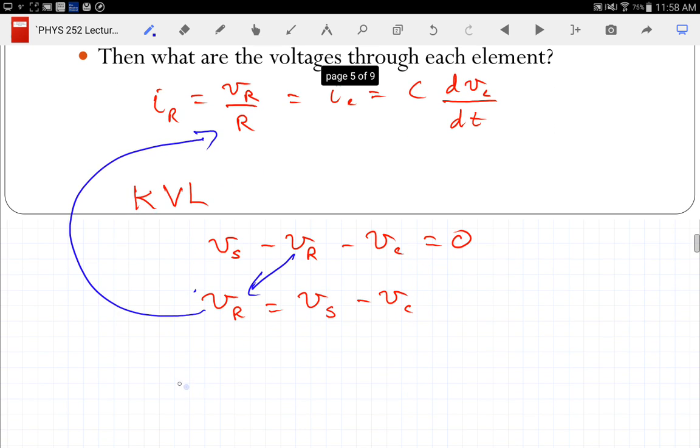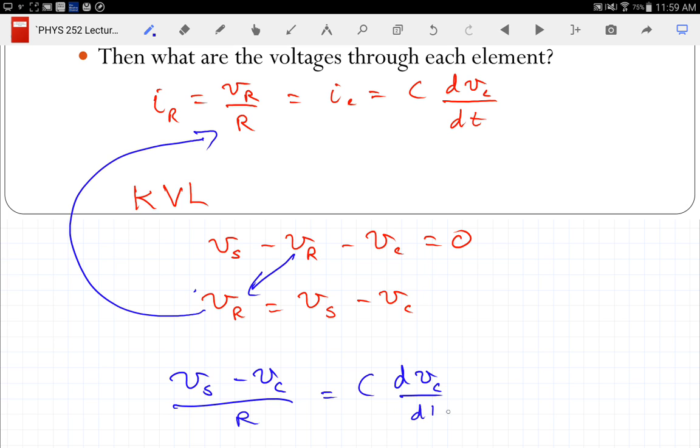So I'm going to have V source minus V_C, all over R, equal to C dV_C/dt. I have two variables here. What can I do? What are the two variables?